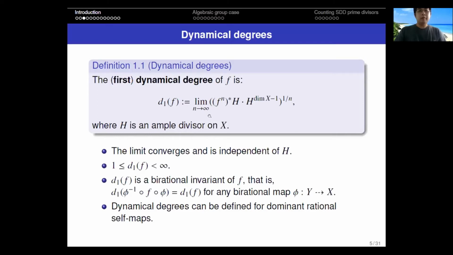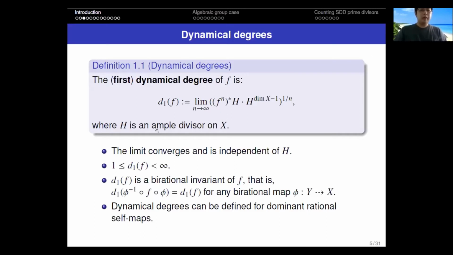D1F is the limit of this intersection number to the power 1 over n. Here, H is an ample divisor of X, and we take the product of H by Fn, and take the intersection with the same ample H.